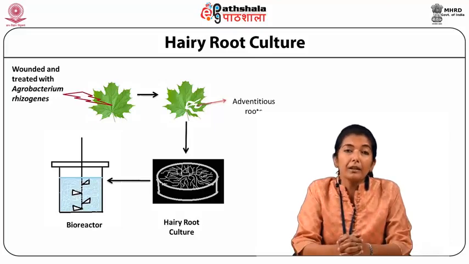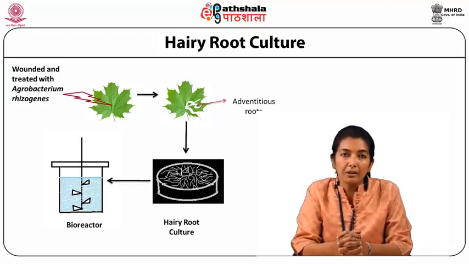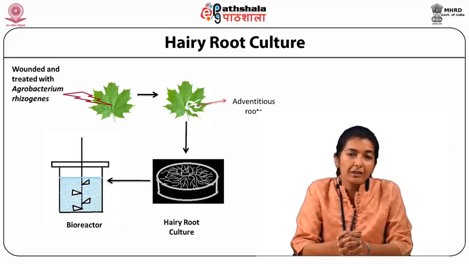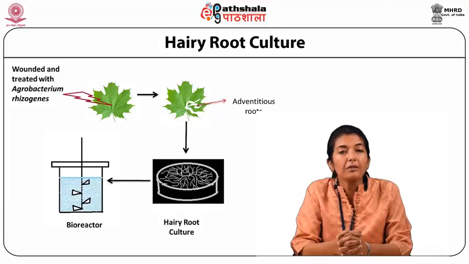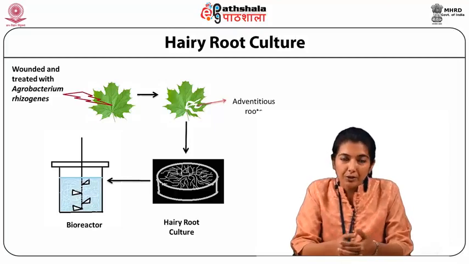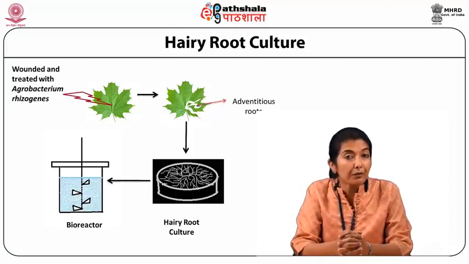We take a tissue from that particular plant, sterilize it, and then induce some wounds and co-culture it with Agrobacterium rhizogenes. Agrobacterium rhizogenes is a bacterium which is used to induce adventitious roots from a tissue which does not have root initials. So it can induce roots from any kind of tissue.